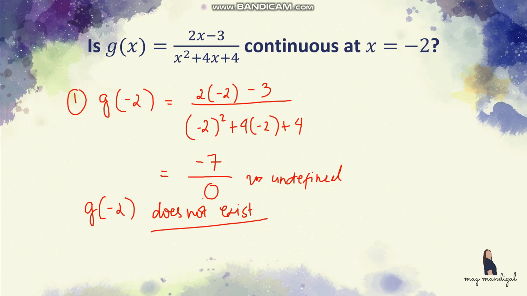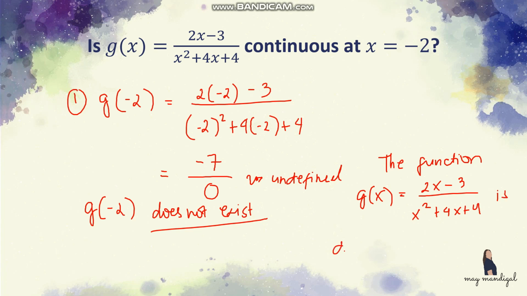Since this function failed to satisfy the first condition, we can say that the function g of x equals 2x minus 3 all over x squared plus 4x plus 4 is discontinuous at x equals negative 2.